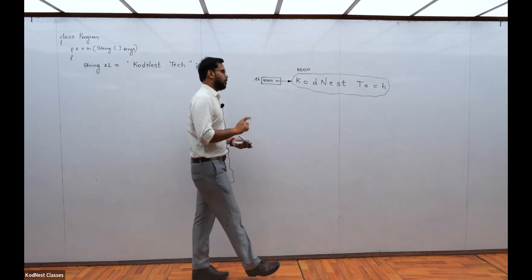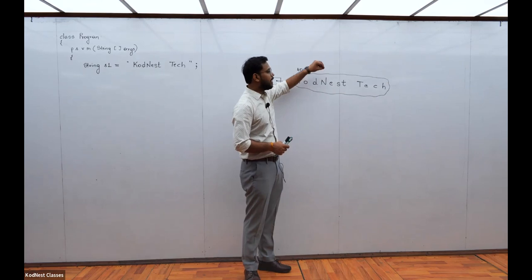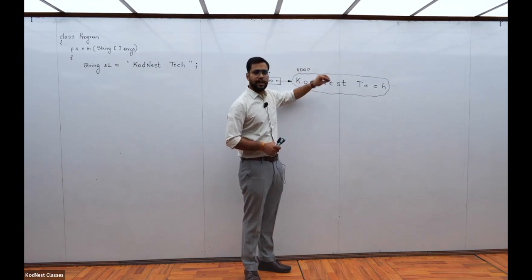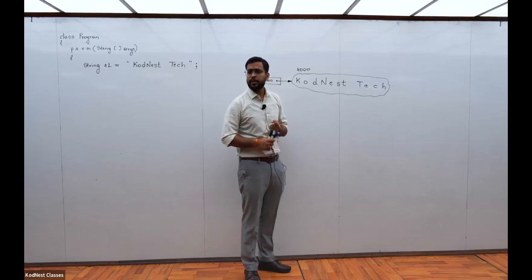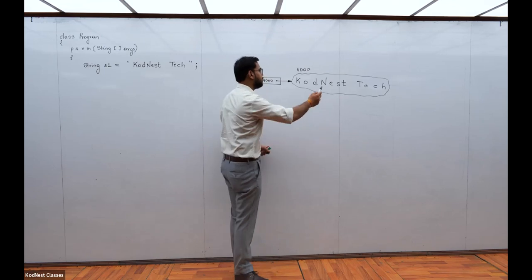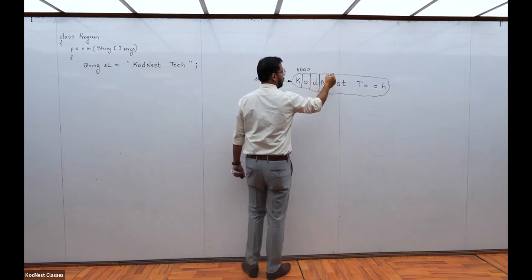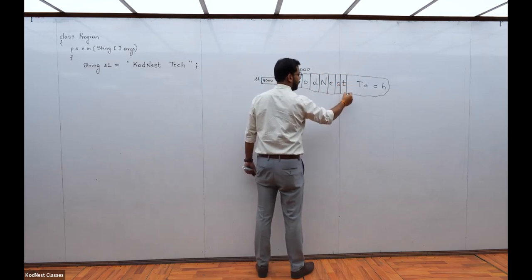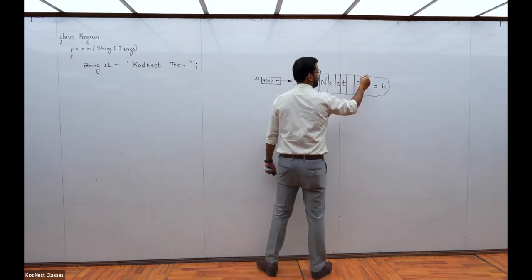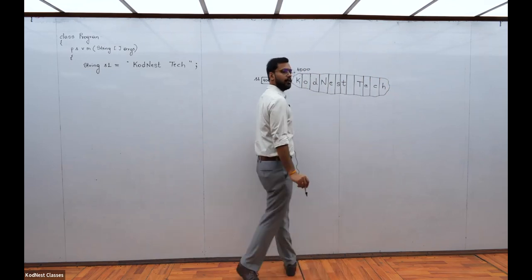Now remember one very important point. Whenever you are creating any string value like this, internally it will always be created in the form of an array. In the form of an array means this is the first character, this is the second character, third, fourth, fifth, sixth, seventh, eighth is that space, ninth, 10th, 11th, and then 12th.